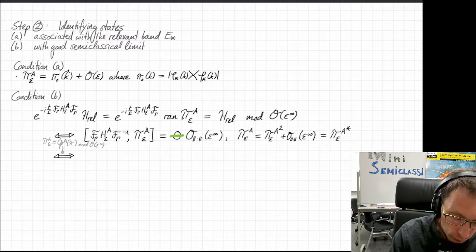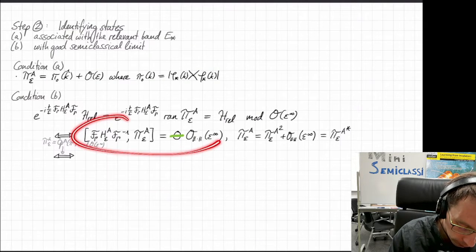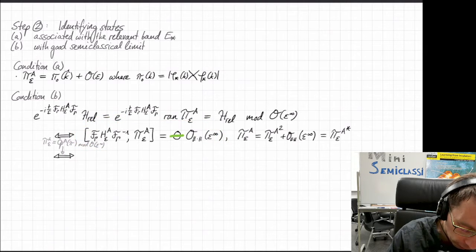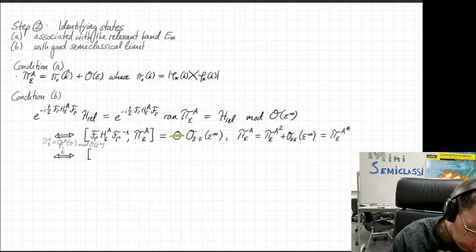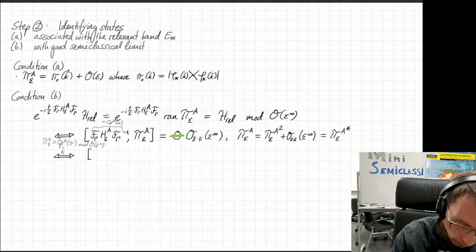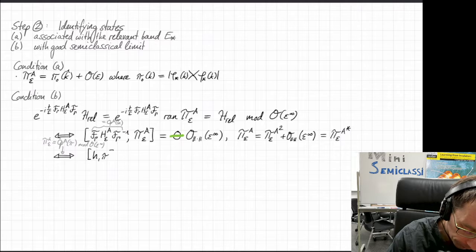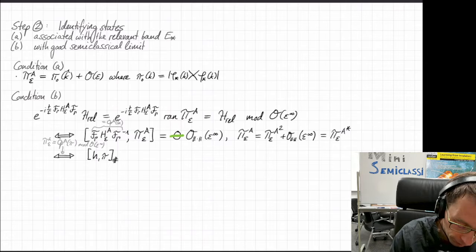Then what we can do is we can just translate this commutator into a Weyl commutator, because if you remember, this here is just op A of H. So this simplifies to the Weyl commutator of H and pi, where small pi is the symbol of capital Pi A epsilon.